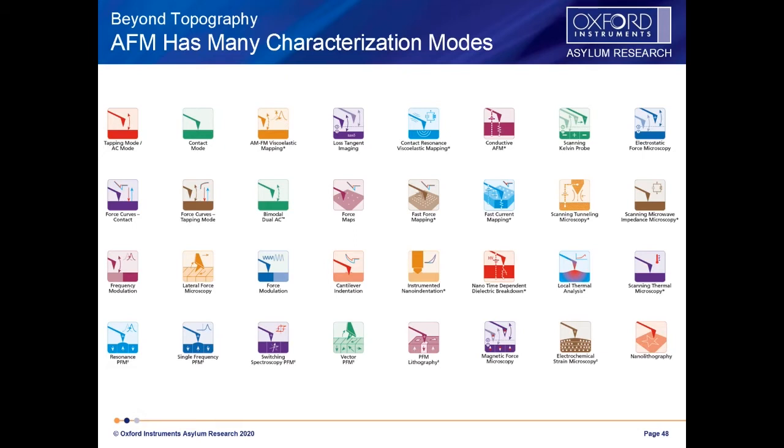This seminar is about 2D materials and semiconductor, but AFMs can be used for doing polymer research, biological research. There is a lot of different kinds of things that you should be able to do with AFM. And you can also reach out to us and we would be happy to help you design your experiments to study your surface properties at the nanoscale.